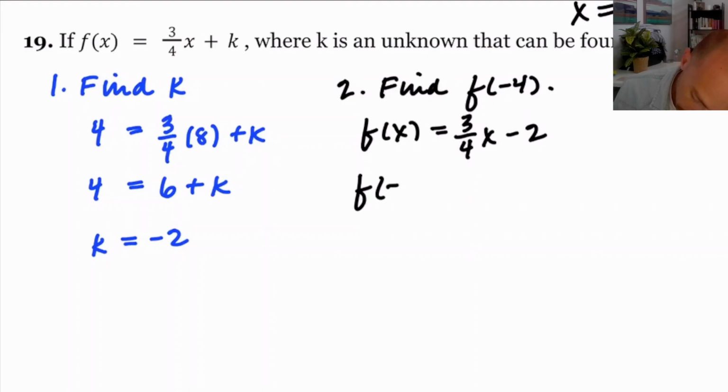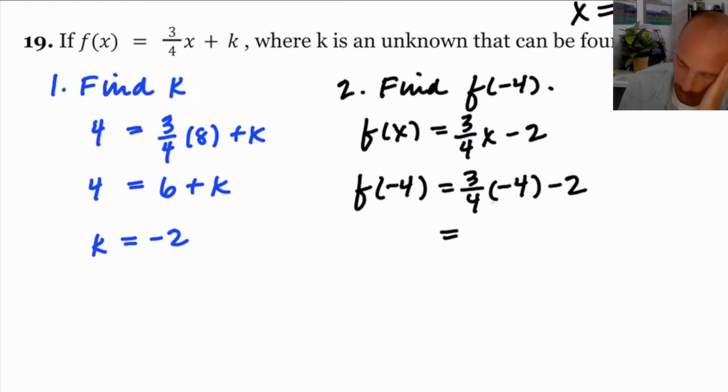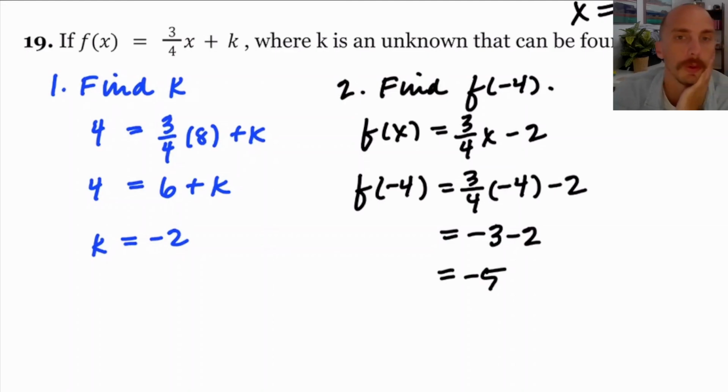So that means f of negative 4 is going to be 3/4 of negative... No, I was getting ahead of myself. 3/4 of x, which is negative 4, minus 2 more. Okay, so 3/4 of negative 4 would be negative 3, minus 2 more, and that's going to equal negative 5. That's what they were looking for.